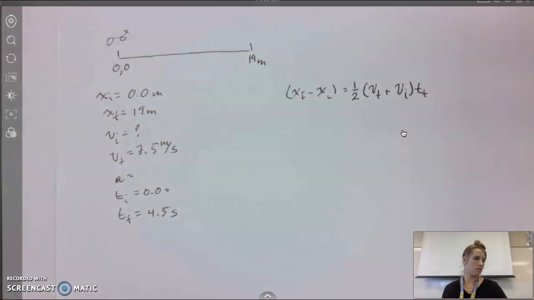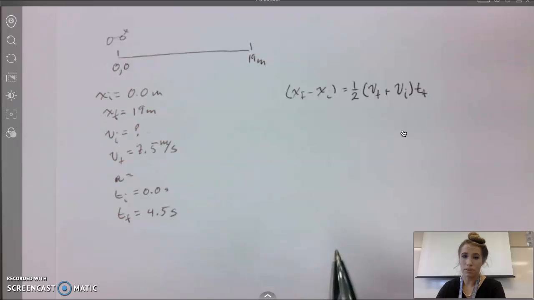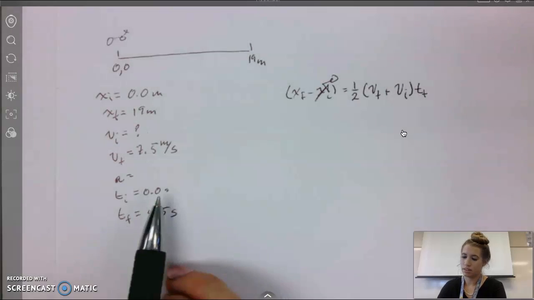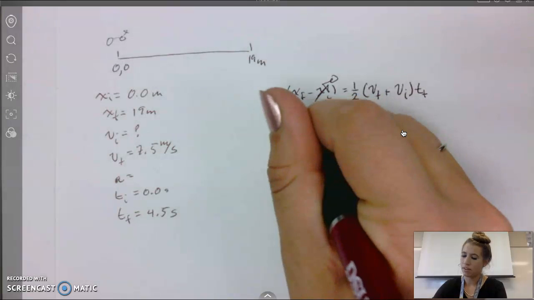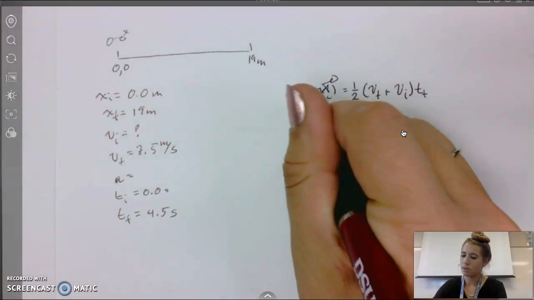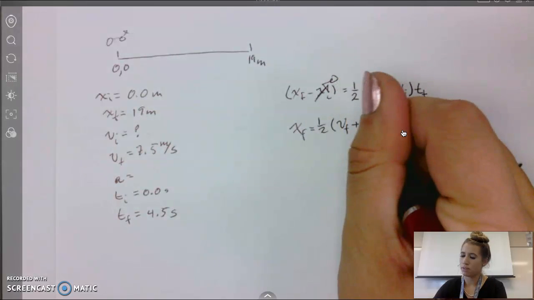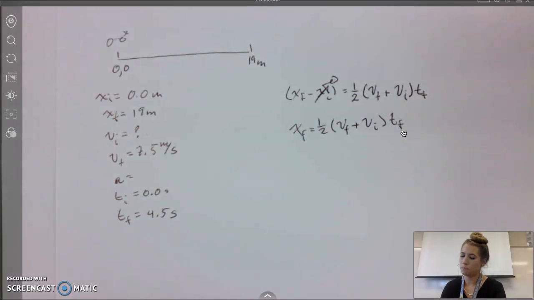Multiplied by our time final there. Okay, let's get rid of our 0 components. So we have x final is equal to 1/2 velocity final plus velocity initial multiplied by time final.